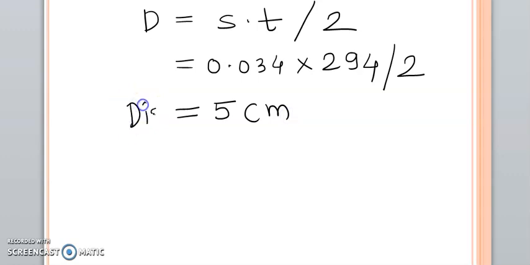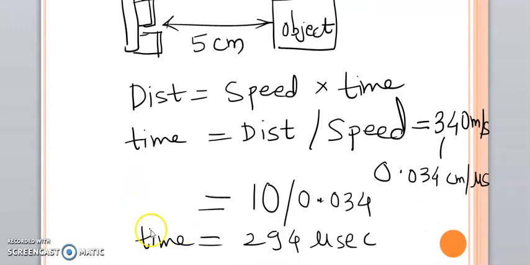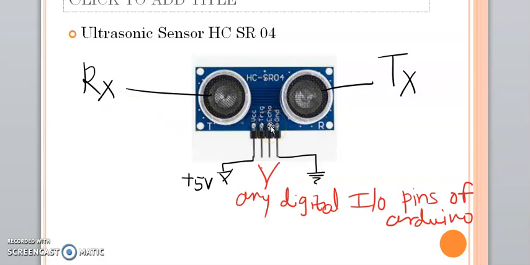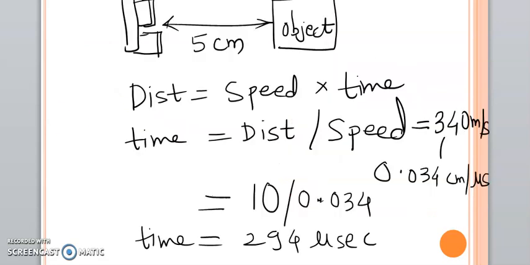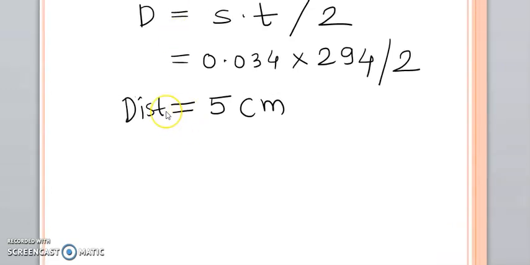So this is nothing but the distance. In the scenario we have assumed a distance of 5 centimeters, and this time is nothing but the value you are going to get at the output of the echo pin. Using this value, the ultrasonic sensor converts the distance of an object from the sensor.